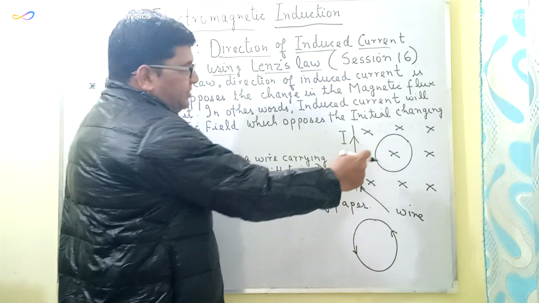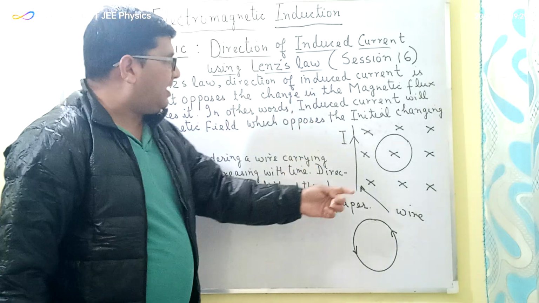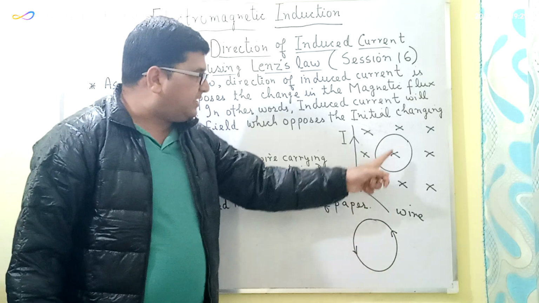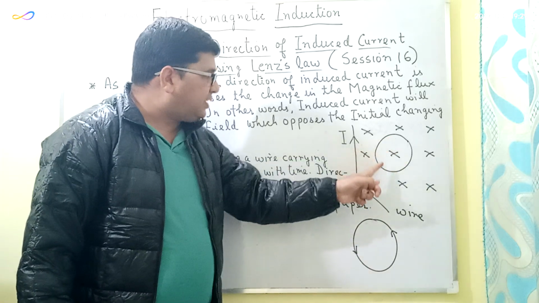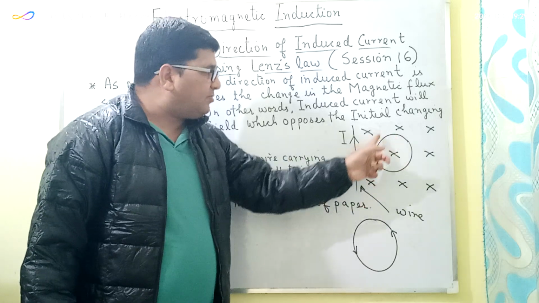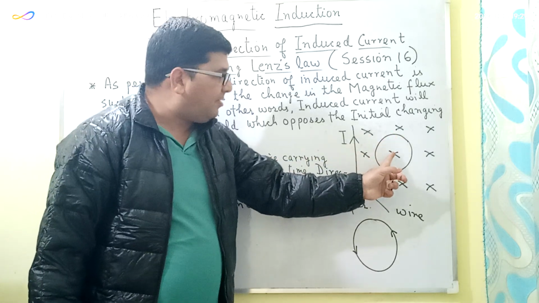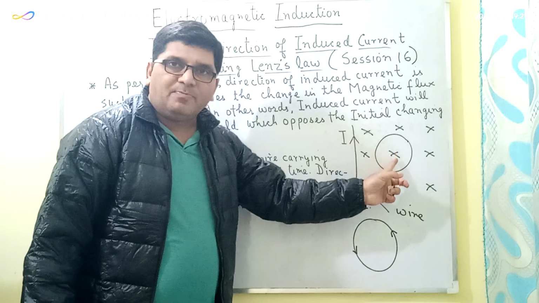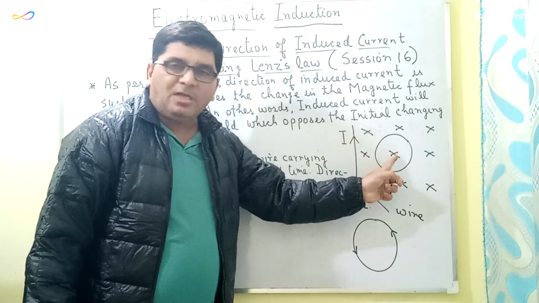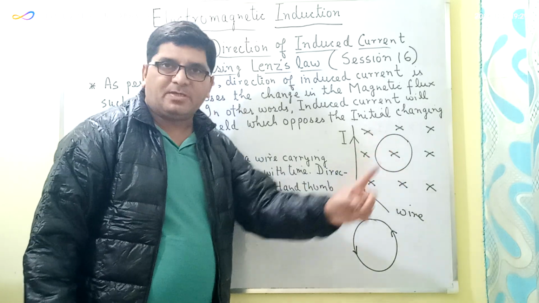Here, since the induced current will oppose the change in the magnetic flux due to this current carrying wire, the direction of the induced current will be anti-clockwise, because if the direction of this induced current is anti-clockwise, then the direction of the magnetic field because of this induced current will be directed outward, or you can say away from the plane of the paper.